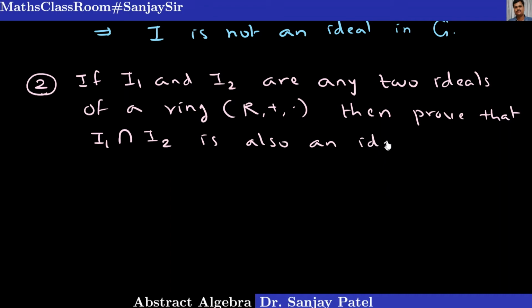That means intersection of two ideals, any two ideals, is always an ideal.